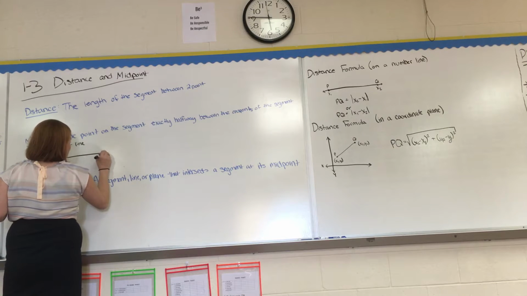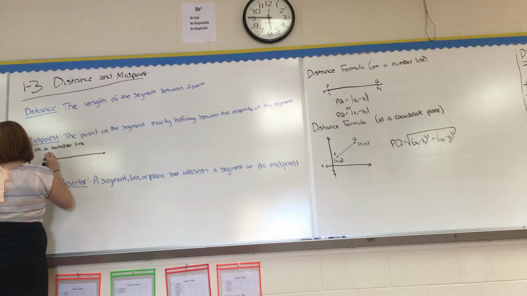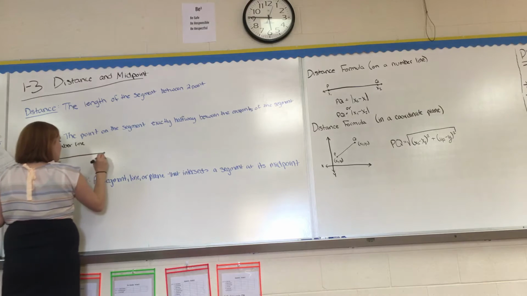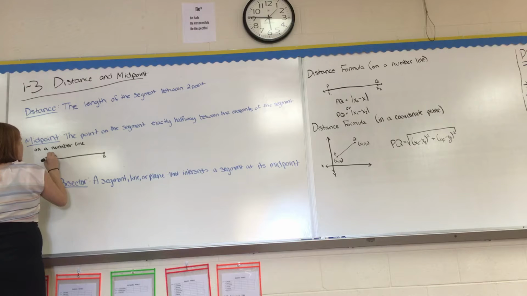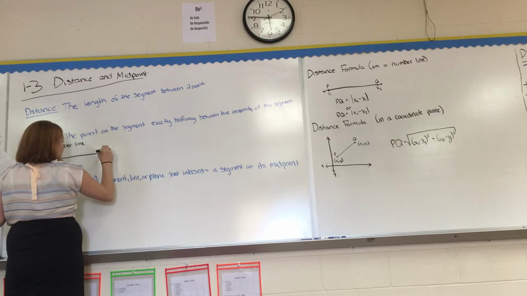So we are going to draw this out. We have points A and B, similar to the one up there. A is x1, B is x2.